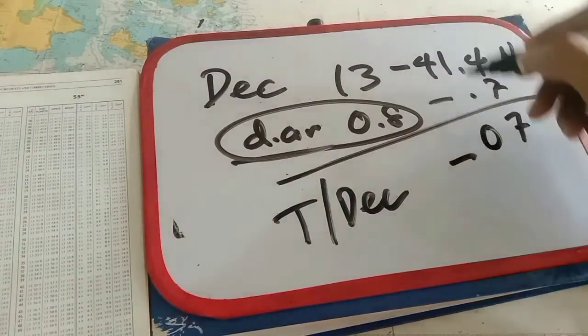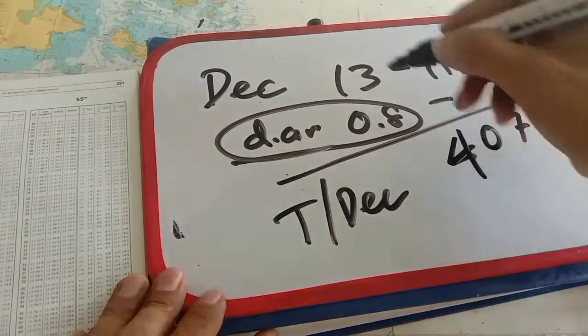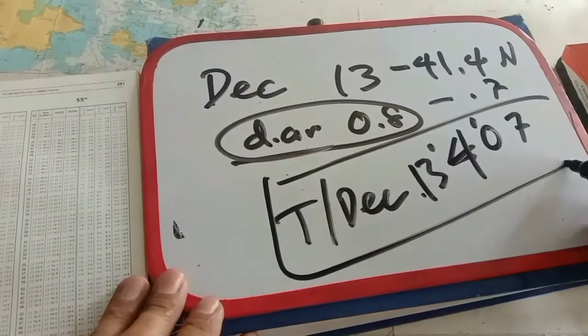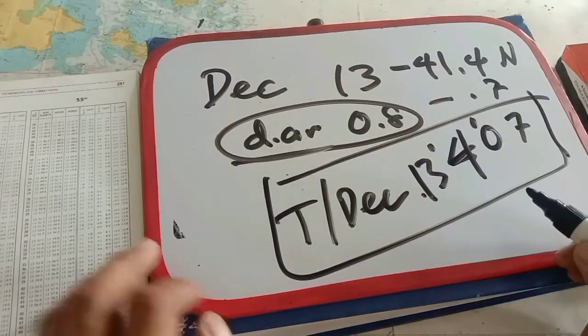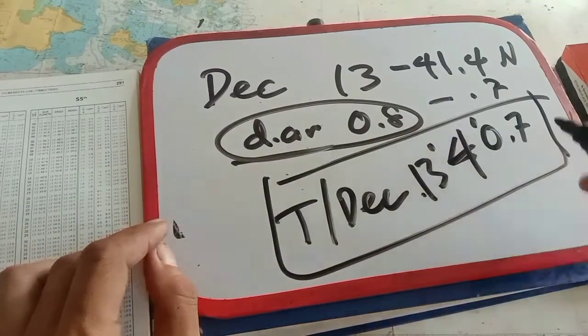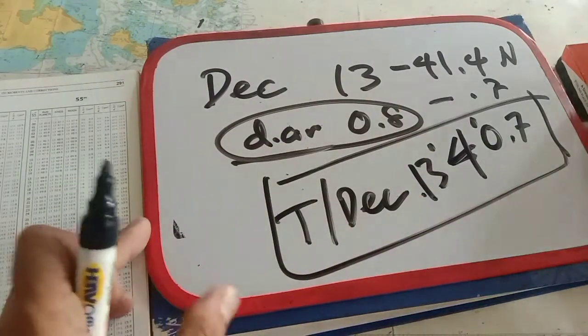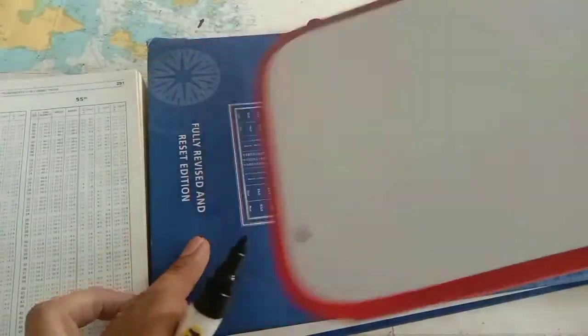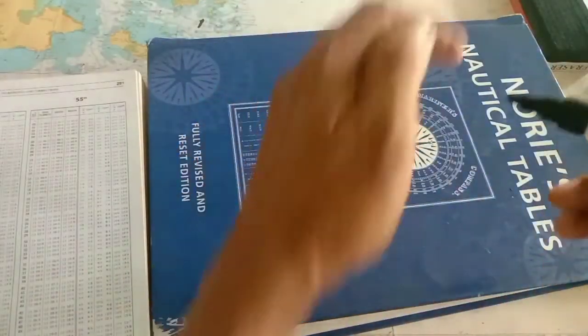So, 0, then 4, 13. So, the true declination is 13 degrees, 40.7 minutes north. So, ito ang gagamitin natin in solving the amplitude using the natural table.